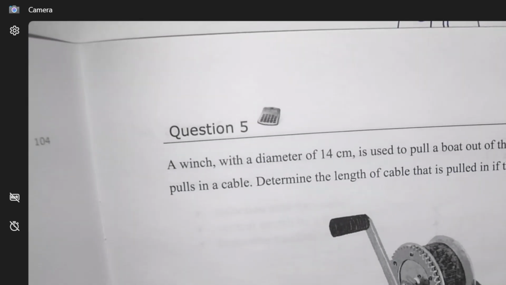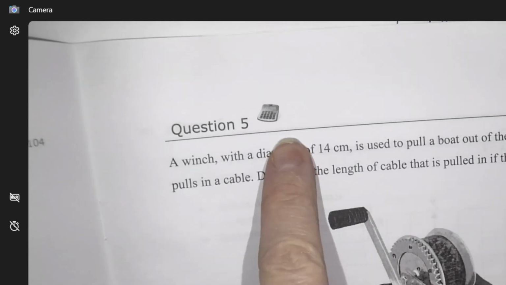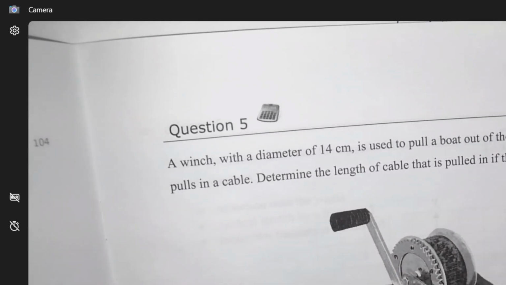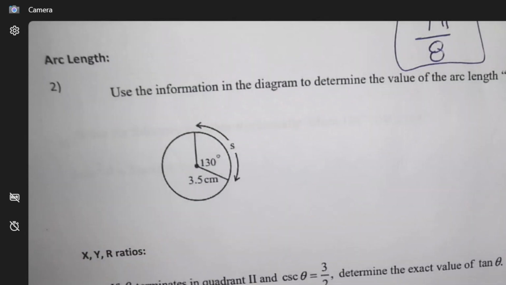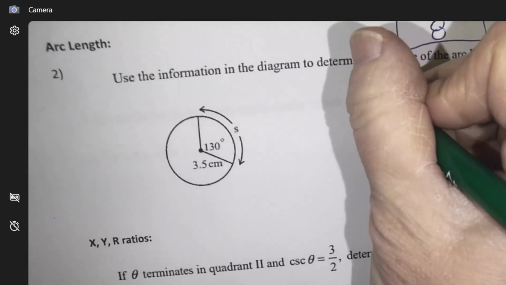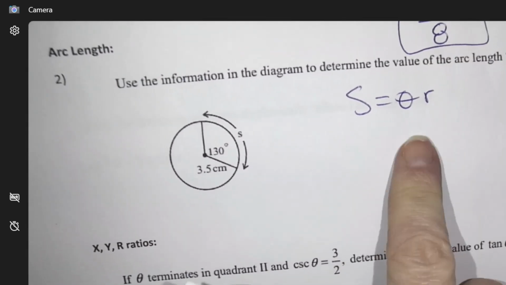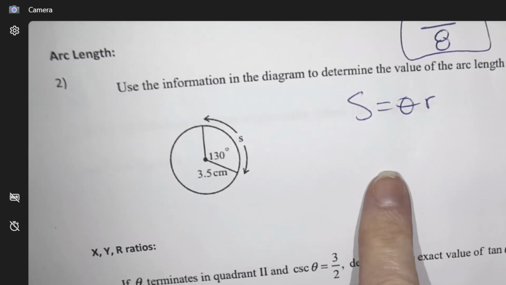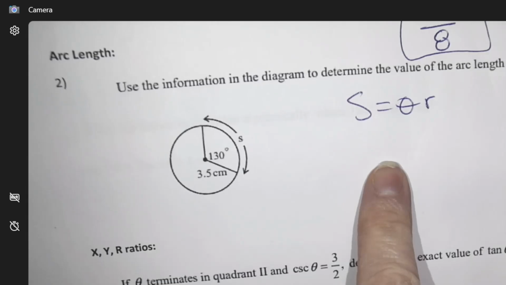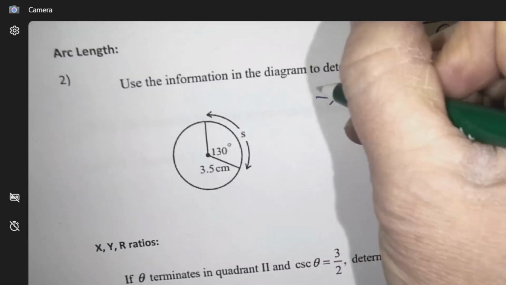Oh, look. Yep, arc length question. Look at that, it has a calculator on it. If you get it, it's at the start of your test. Okay, so here's what we know. This is on your formula sheet, which means arc length.